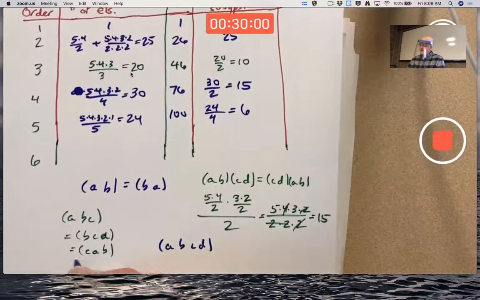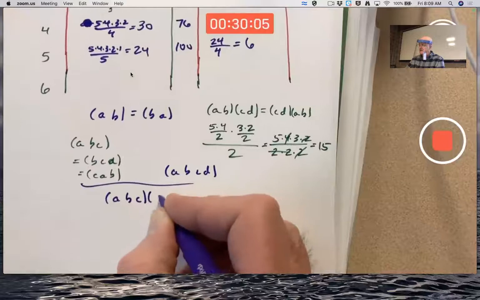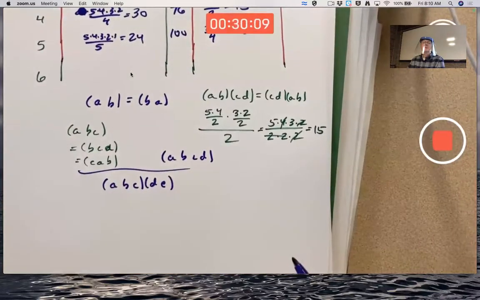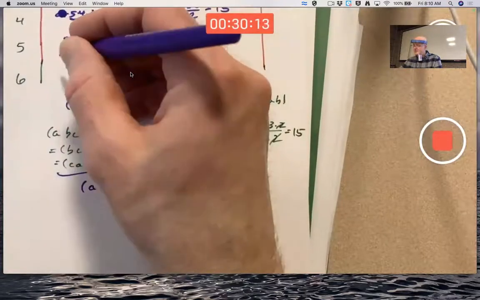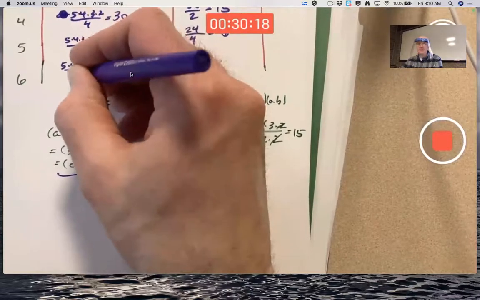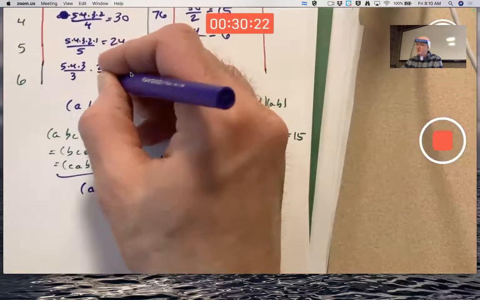With 6 elements of order 6, we think about disjoint cycles where one of them is a 3 cycle and one's a 2 cycle. Five times 4 times 3 over 3 for the 3 cycle. 2 times 1 over 2 for the 2 cycle.